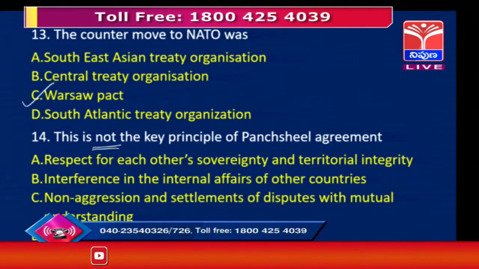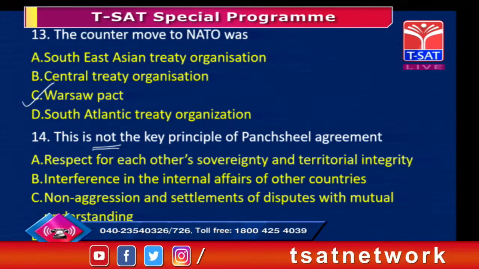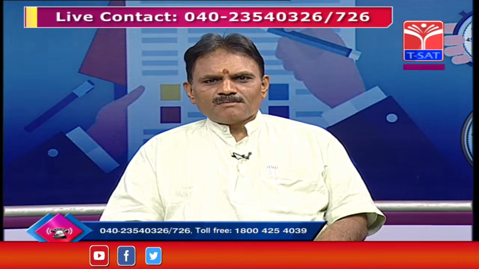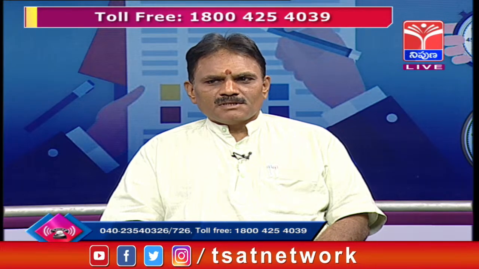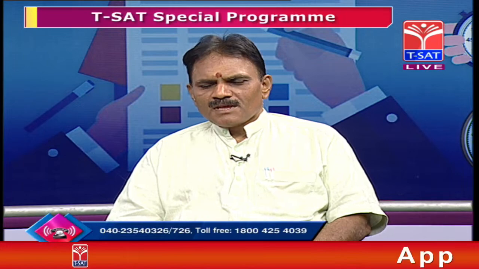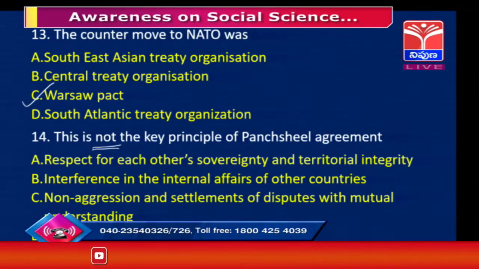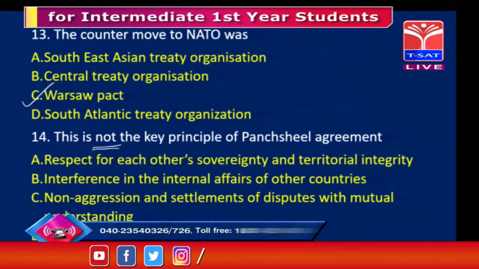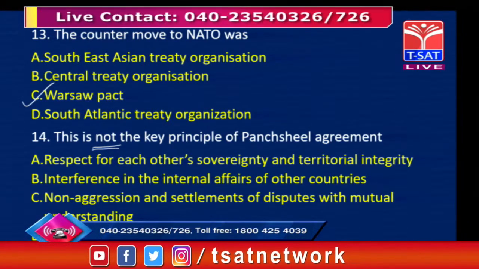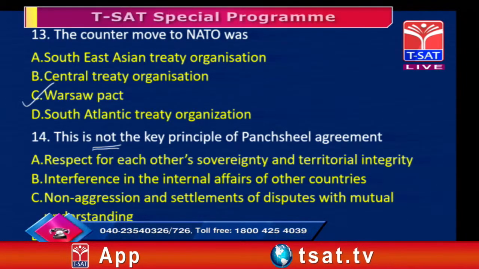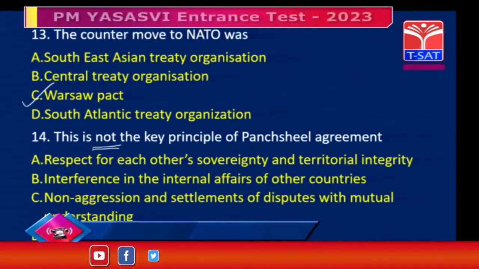Interference in the internal affairs of other countries, we can very clearly understand, is not suitable, because interfering in other countries' matters is not correct. So this would be the wrong one. If we go through all the options, we find a negative sense in option B. Non-aggression and settlement of disputes with mutual understanding is also positive. Promoting peaceful coexistence is also positive. So the only negative thing is B, interference in the internal affairs of other countries. So B is the option here.